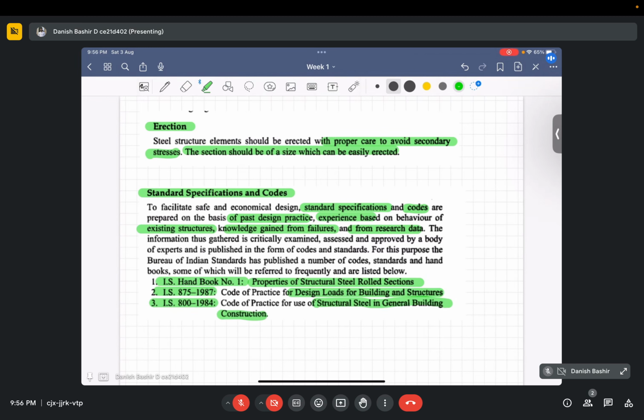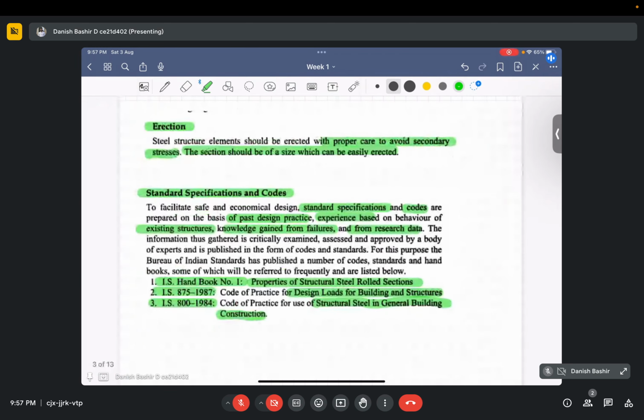I hope you got all the three basic codes that we are using. One is IS Handbook number 1, another is IS 875, and another one is IS 800. IS 875 is for design loads on buildings and structures. IS 800 is for the design of steel structures, structural steel for general buildings. I hope up to this point this is clear to you.